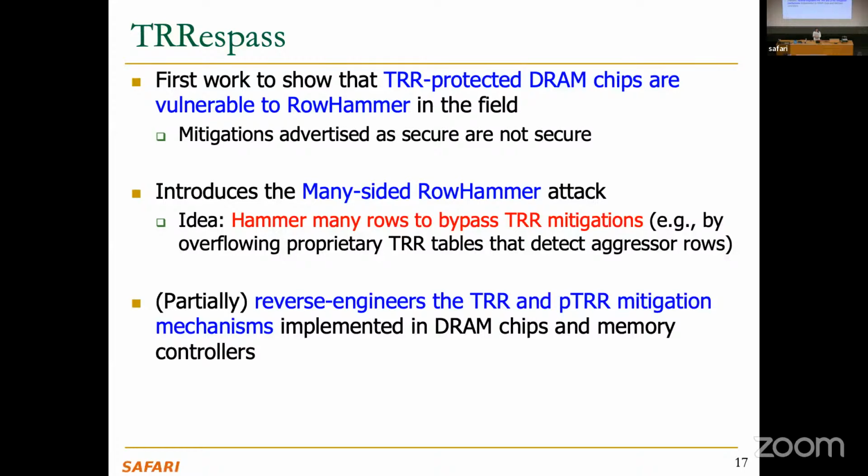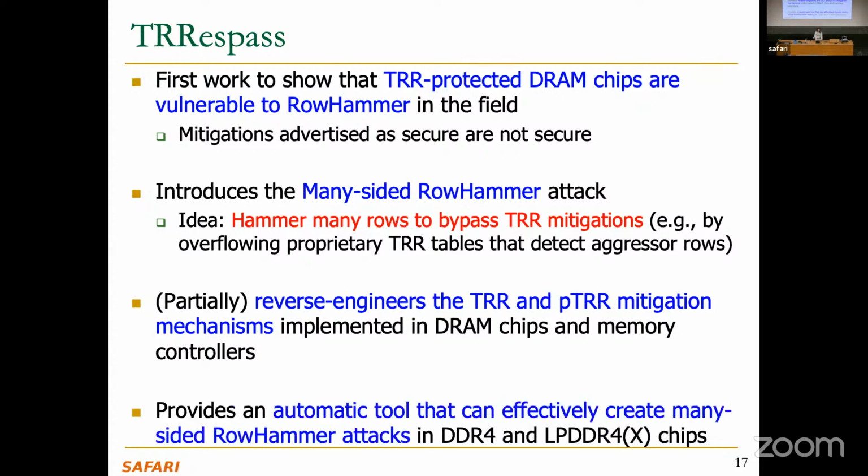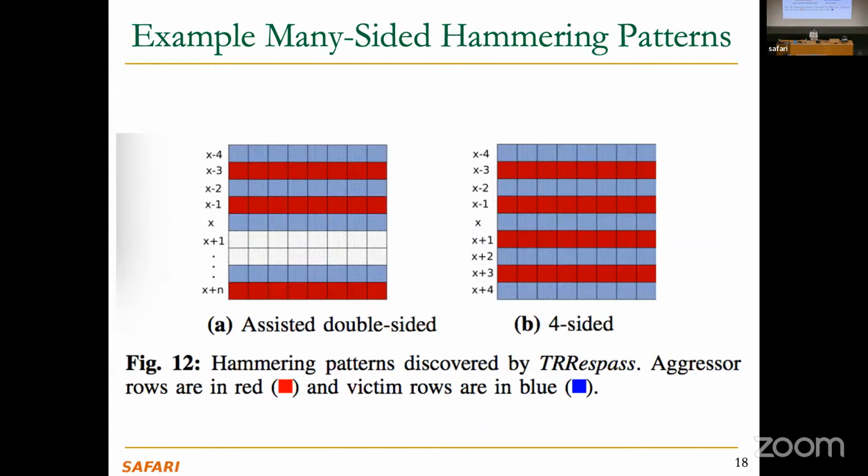And this paper partially reverse engineers the TRR mechanism implemented in DRAM chips and the memory controllers. And it provides an automatic tool such that you can effectively create many-sided RowHammer attacks that are effective in DDR4 and LPDDR4 chips.